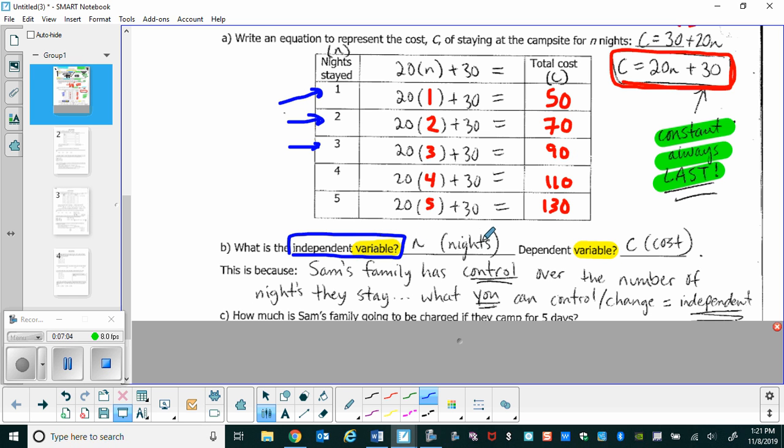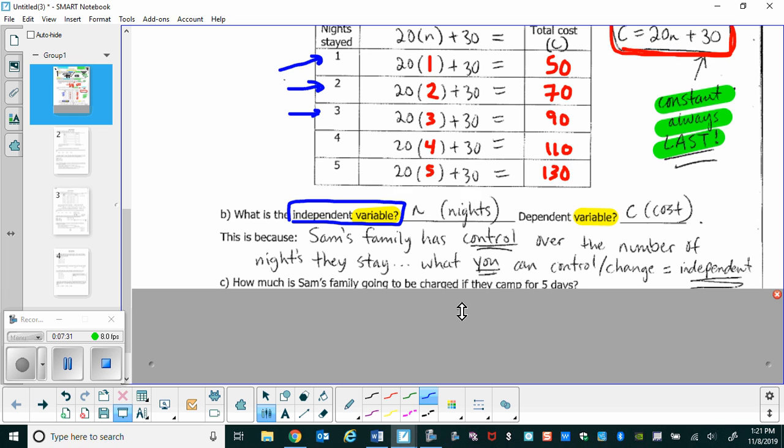It represents the number of nights, okay? Now the cost simply depends on the number of nights you stay. So the dependent variable here would be C for cost. Now again, Sam's family has control over the number of nights that they stay, and what you can control or change, like if you want to stay 2 nights versus 3 nights, that's considered independent. And of course, it's easy to see that the cost would depend on that.